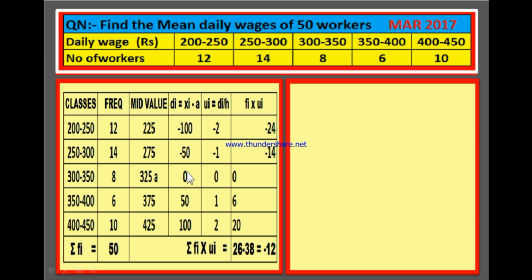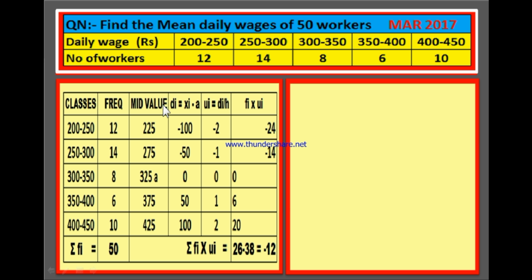You may get big values, large numbers here. After getting these values, you have to add them up so that you will get a sum in thousands or 10,000s or lakhs. Later you have to divide with 50, it will be to some extent difficult. Therefore, we adopted step deviation method here.